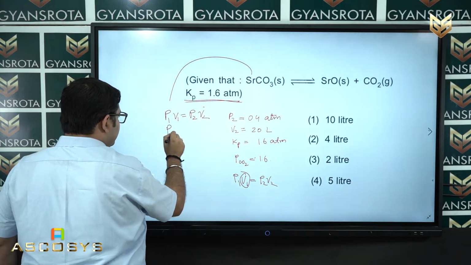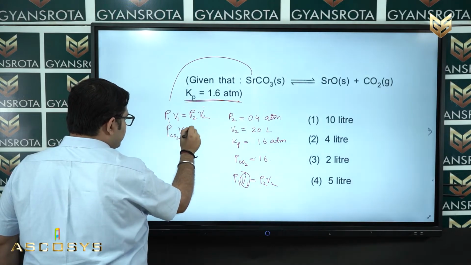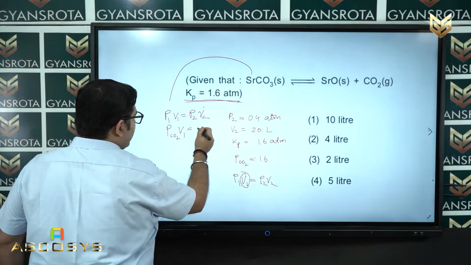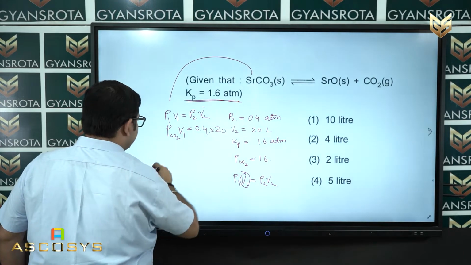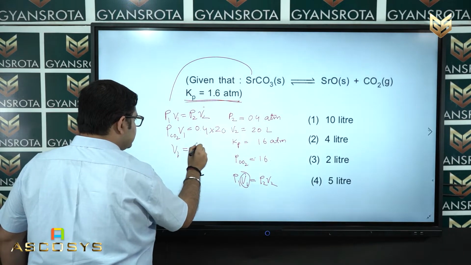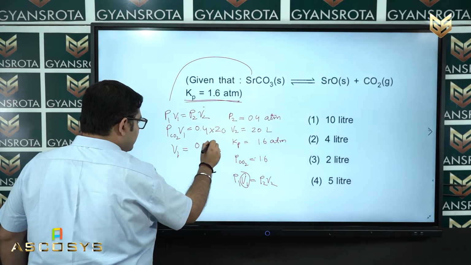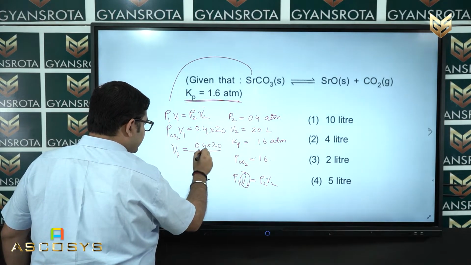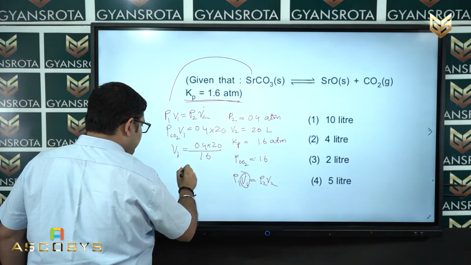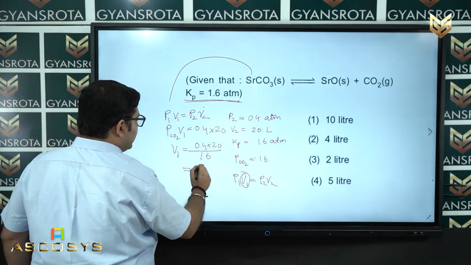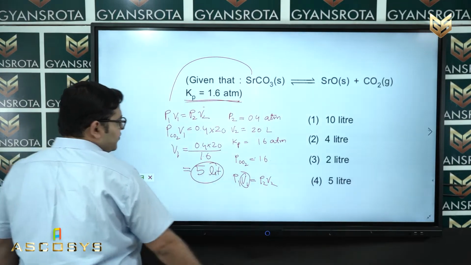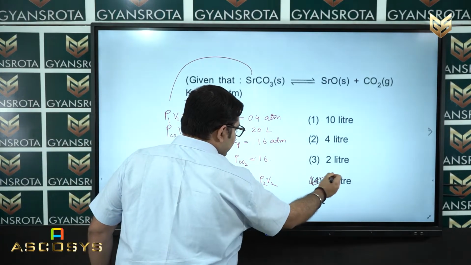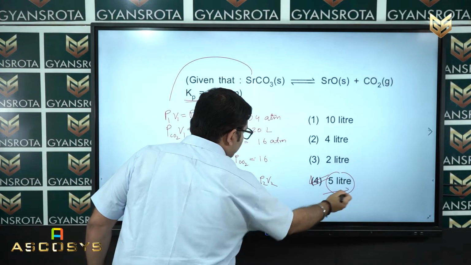So P1 is given, V1 we have to find out, P2 value is also given as 0.4, and V2 is given as 20 liter. Now V1 is 0.4 into 20 divided by 1.6, and when you solve this equation you end up with the answer as 4 liter. So option number 4 is the correct answer of this question.